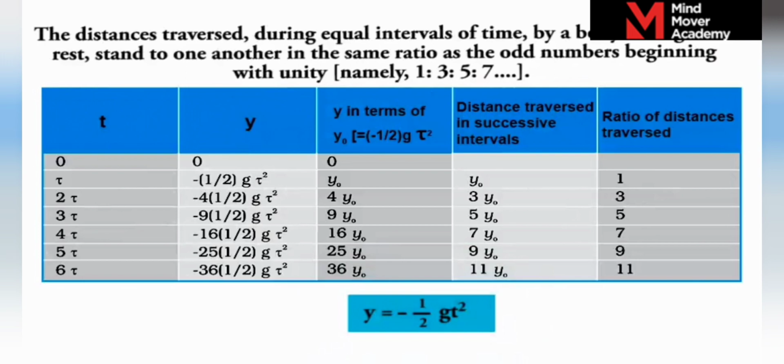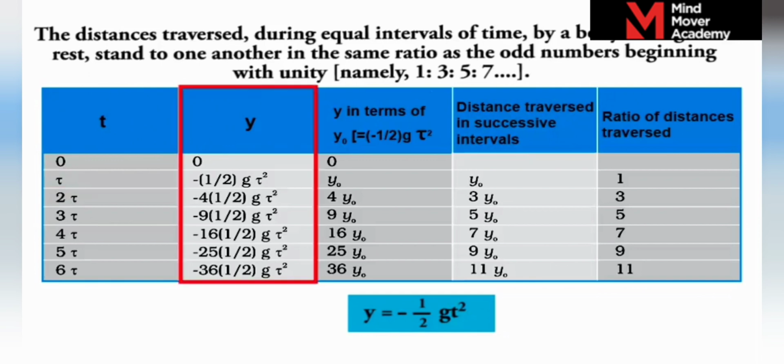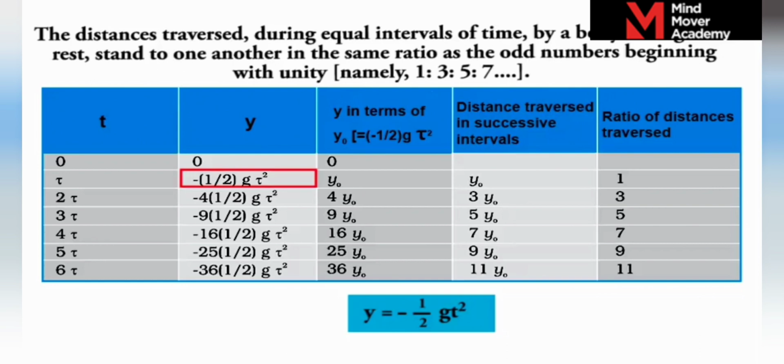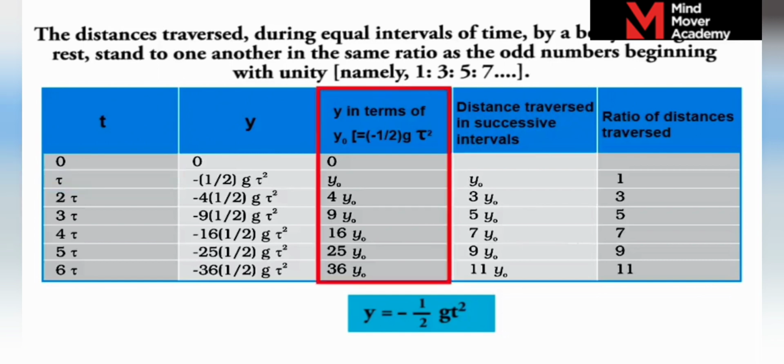Using this equation, we can calculate the position of the object after different time intervals 0, tau, 2 tau, 3 tau, which are given in the second column of the table as shown here. If we take minus 1/2 g tau square as y0, the position coordinate after first time interval tau, then the third column gives the positions in the unit of y0.